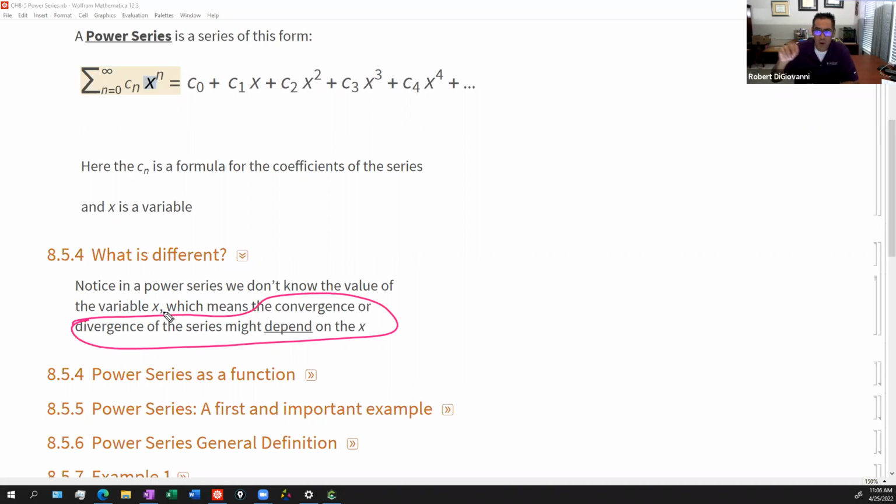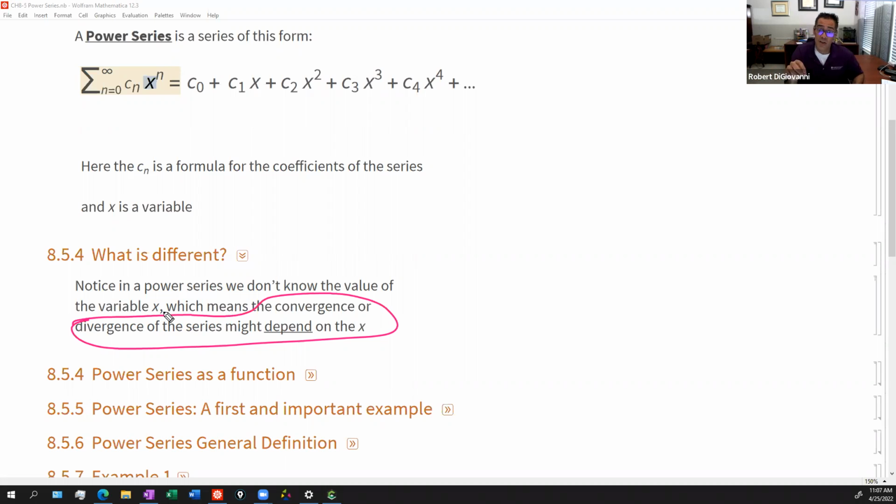But if you throw in a variable, well, then I don't know. So we have this series that may or may not converge. It all depends on x, right? You get the idea?